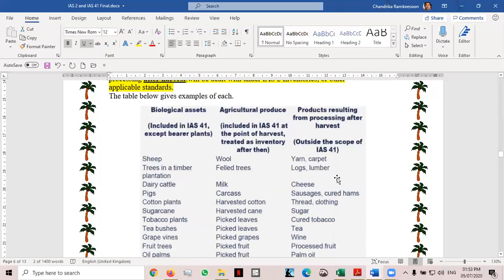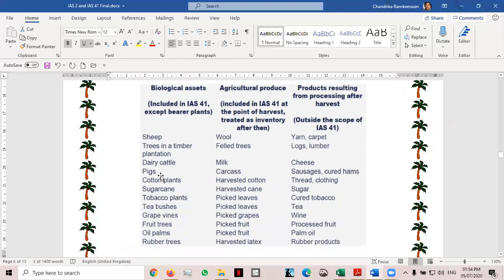The table below gives examples of each. Included in IAS 41, except the bearer plant, at the point of harvest, treated as inventory after then. Products resulting from processing after harvest are outside the scope of IAS 41, which should normally be under the scope of IAS 2.